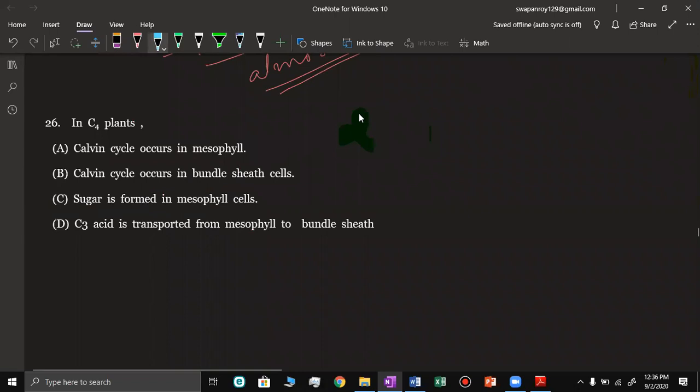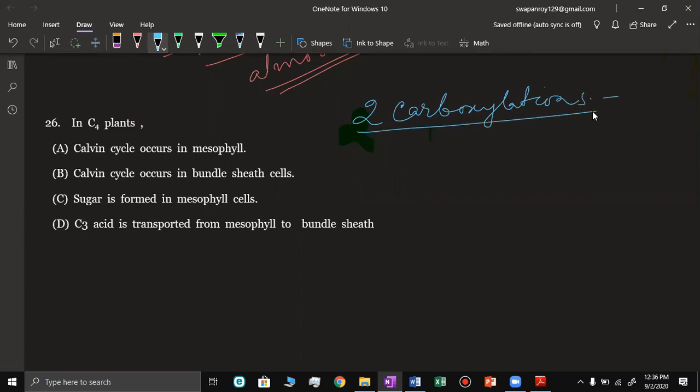In C4 plant, there are two carboxylation processes. One is the initial carboxylation that takes place in the mesophyll cell.